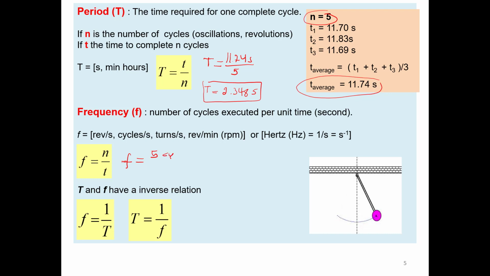The frequency in this particular case will be 5, and I want to write here cycles, because it's an option if you want to keep that unit. Let me see, I cannot change this here.